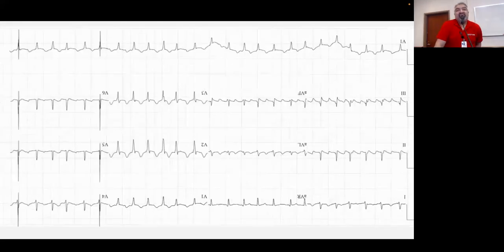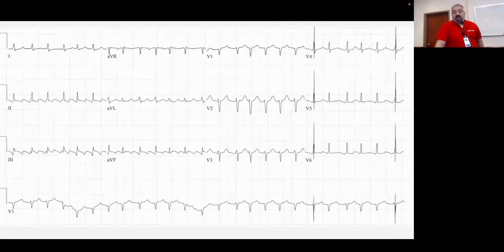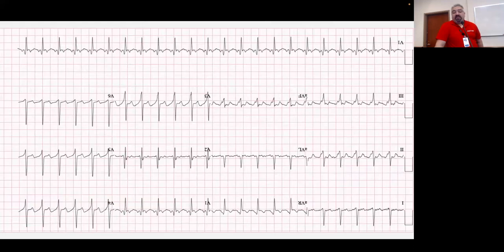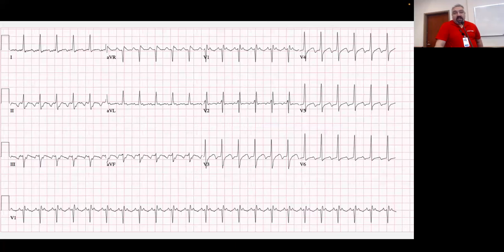A lot of these look regular. Yeah, that's a good question. Flutter can be regular for long periods of time. Flutter often occurs with a 2-to-1 conduction. So even though the atrial rate is around 300, the ventricular rate will be around 150.